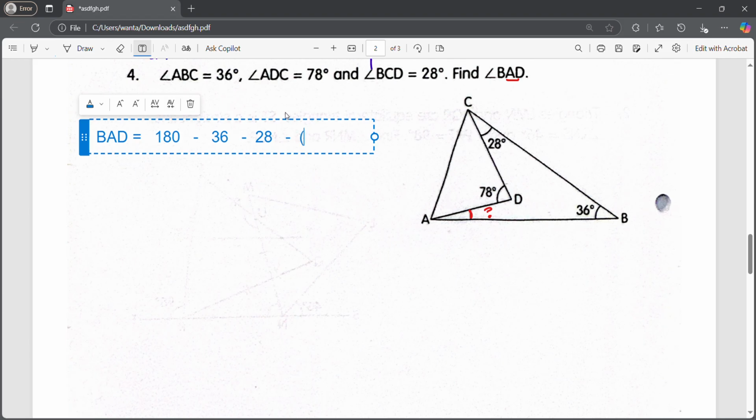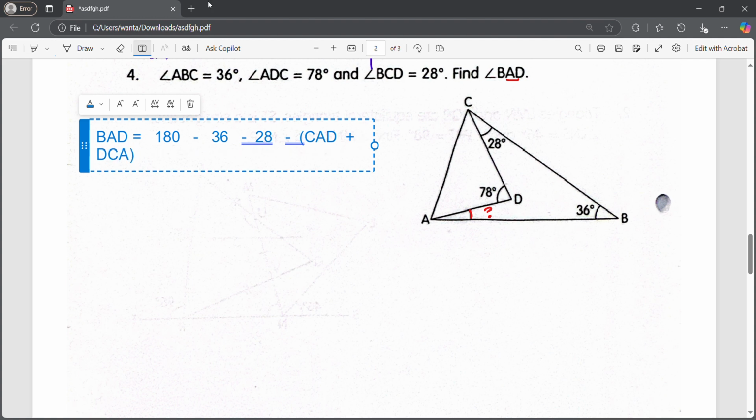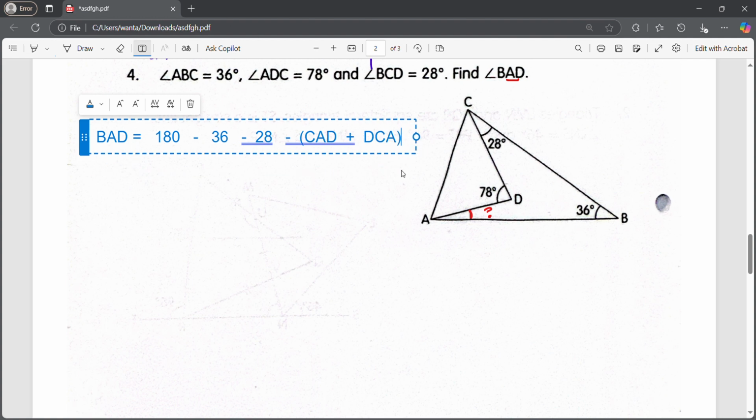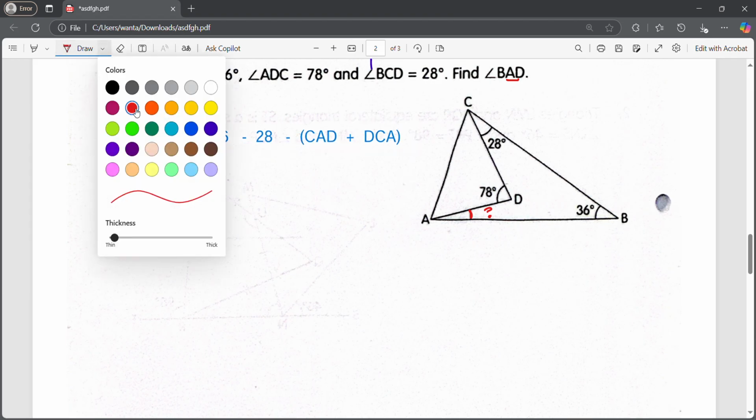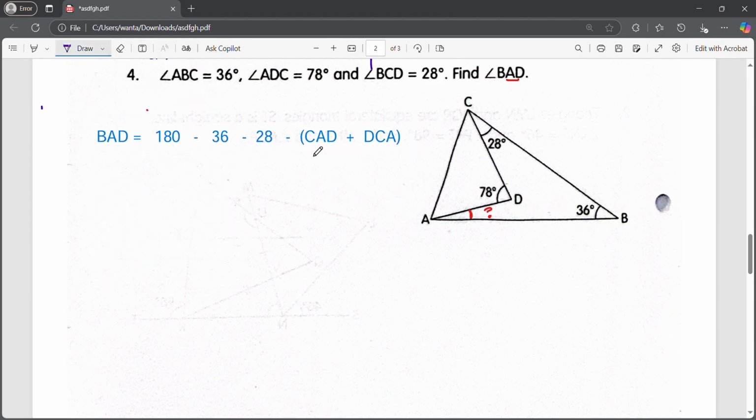But let's just write it: CAD and DCA. We don't need to find them individually.